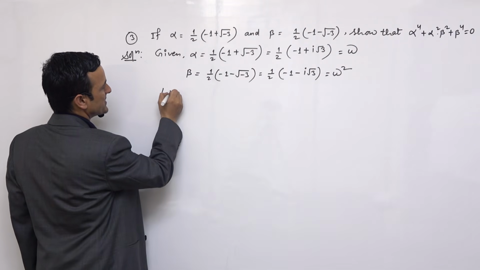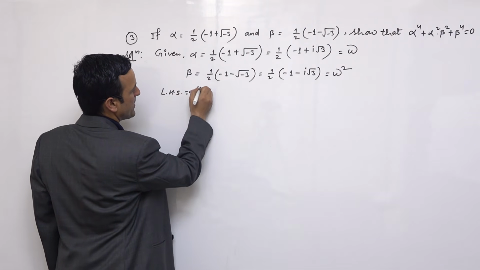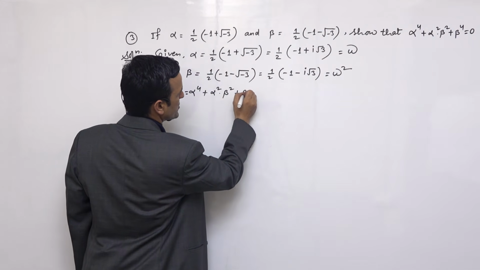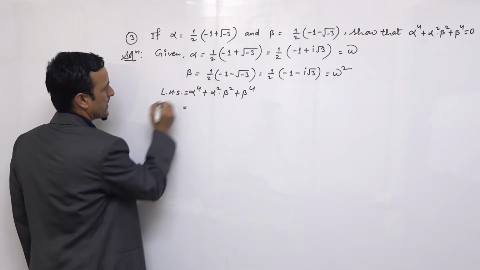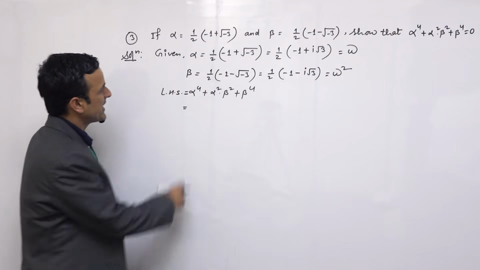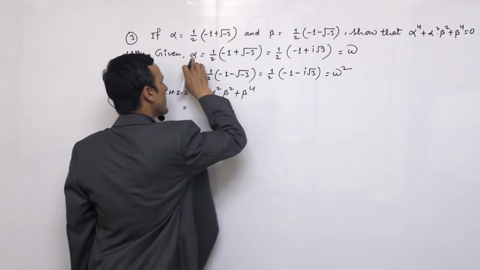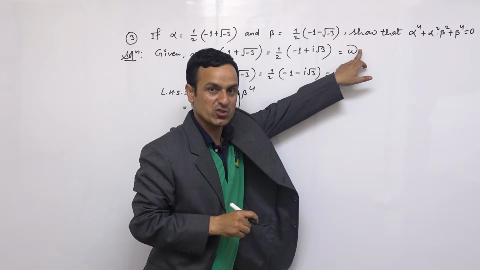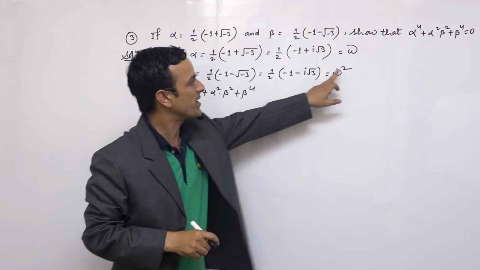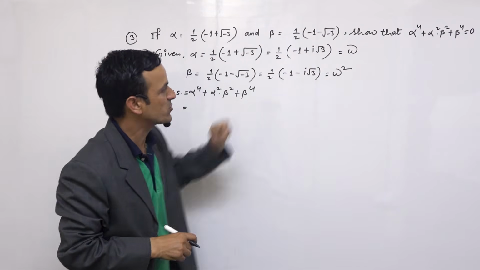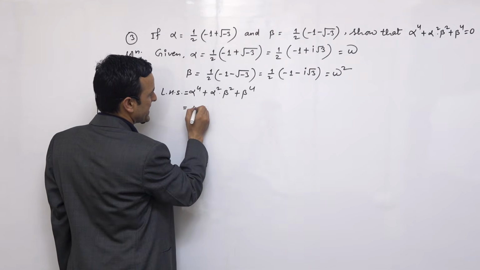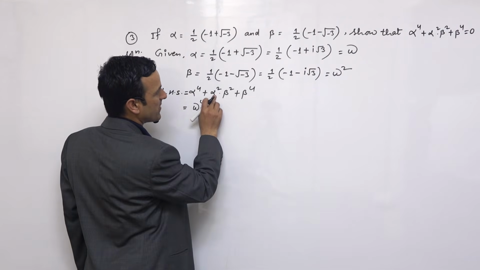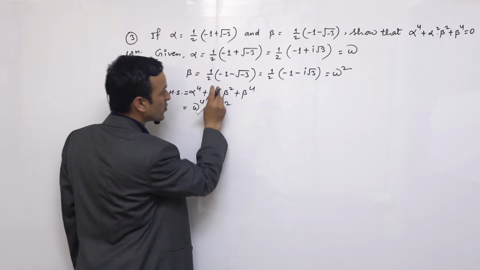So we can change the LHS: alpha power 4, alpha square, beta power 4. So write down the value of alpha. Alpha means omega. So in place of alpha we can put omega, and in place of beta we can put omega square, according to the information. So alpha is omega, so write down omega power 4. Here is also alpha, so write down omega, and the square is here.